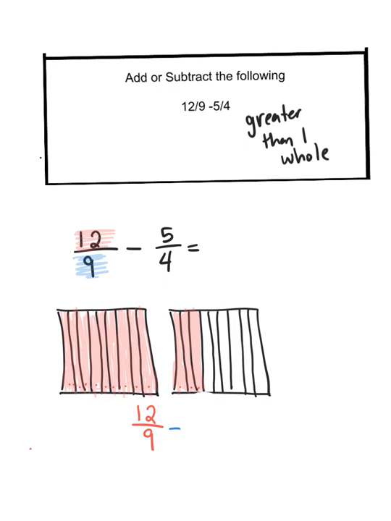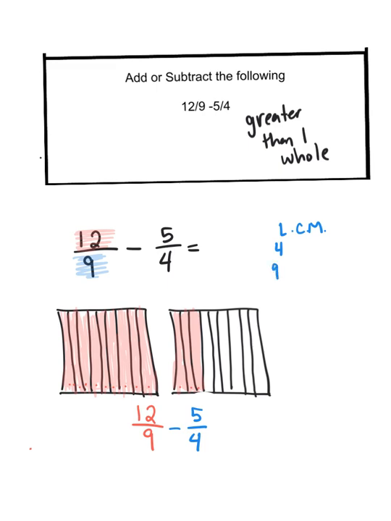And from that, I'm going to take away 5 fourths. But of course, we have different denominators. So I need to do something to my fourths to make it easier to subtract. This is where our least common multiple comes along. We need to find the smallest multiple that both 4 and 9 have in common.